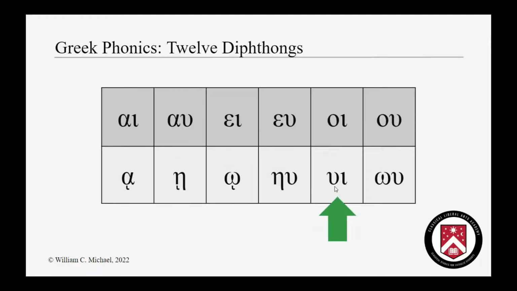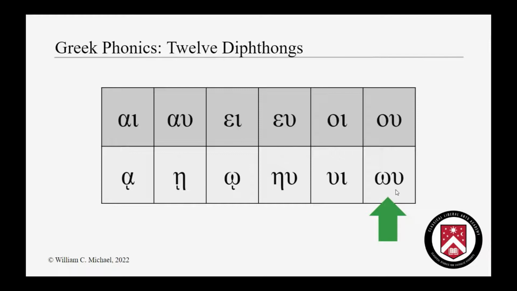Next we have upsilon and iota. Upsilon, u, then moving to the iota, ui. You can see it's not a pleasant sound, and that's why it's called an improper diphthong, ui. And lastly, omega upsilon.